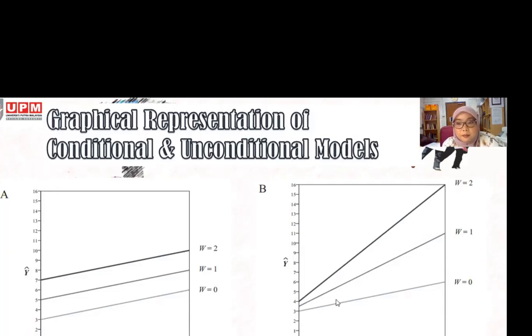But for graph B, when we change the value of W, in the absence of W, this is how the graph looks. If we increase the value of W to 1, we can see the graph showing an increase. And when we increase the value of W to 2, we can see an obvious increment in the effect of X on Y. So this one we call conditional, and that one unconditional.